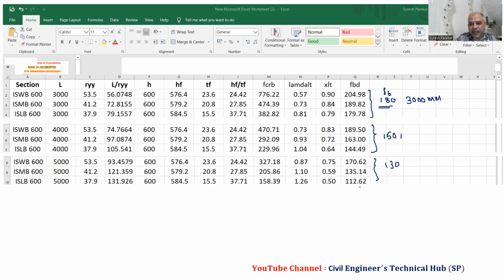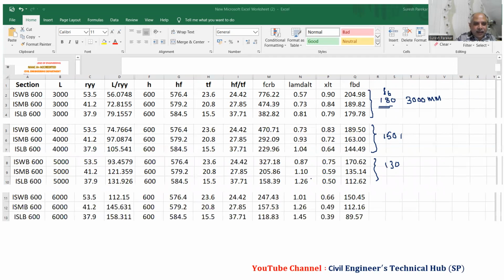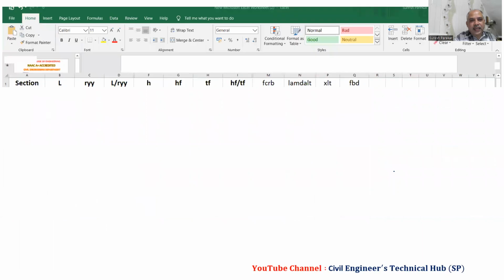You have to keep that in mind. For ISLB at 6 meter, you have a value around 110 Newton per mm square. So for LB you have to go a little lower, and for MB you can go a little higher. WB we generally avoid for beams; we consider it only in gantry girders.